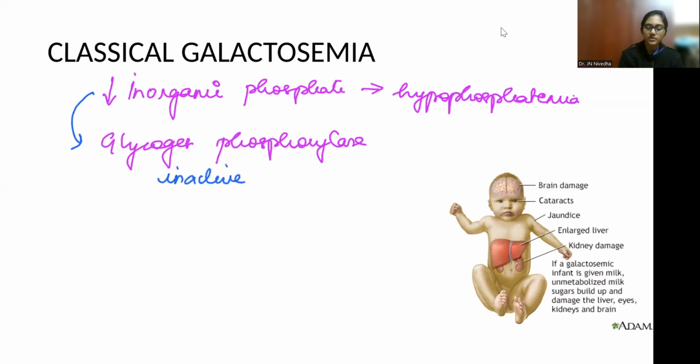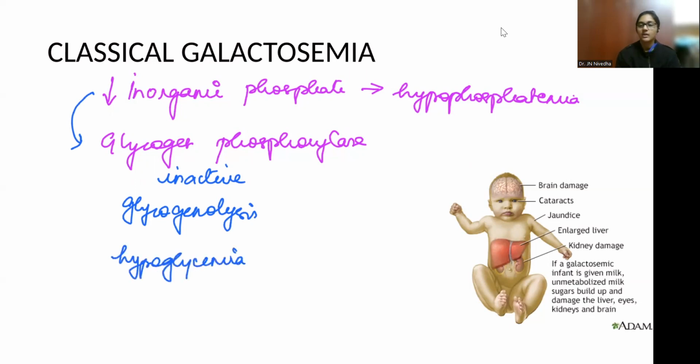Glycogen phosphorylase is an enzyme of glycogenolysis. So if glycogenolysis is not taking place in fasting state, what can happen? There can be hypoglycemia, is it not? Immediately after food, your dietary glucose can maintain your blood glucose level.